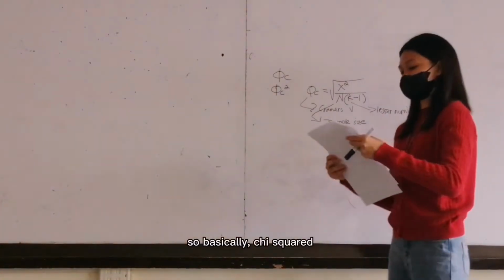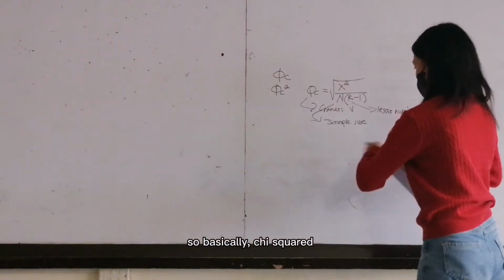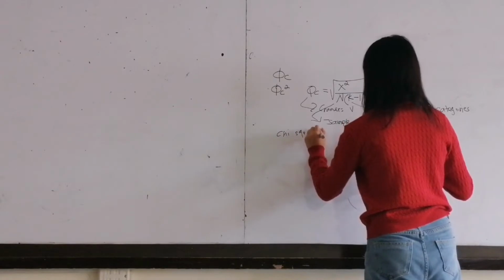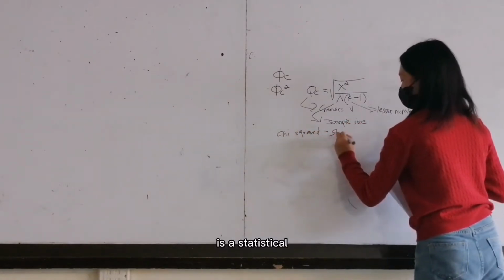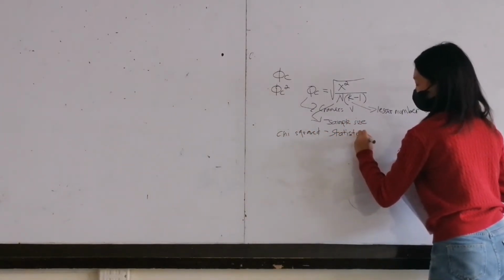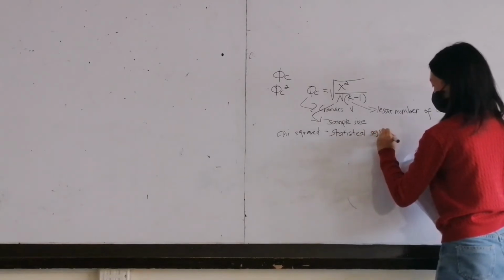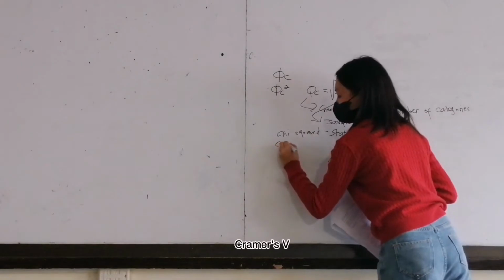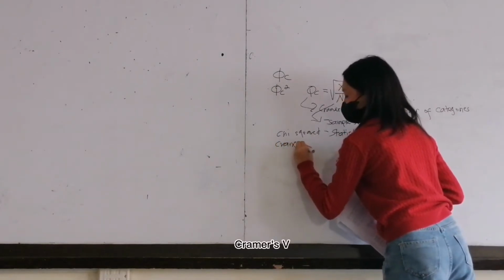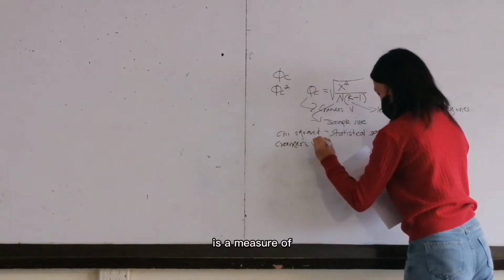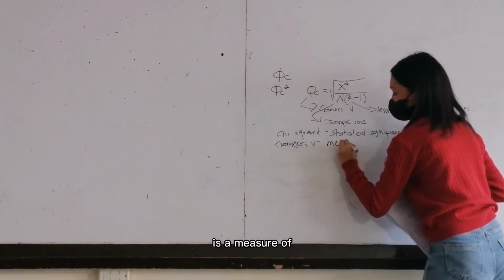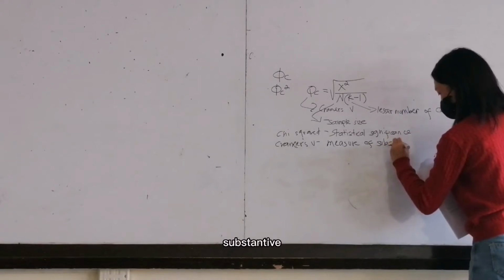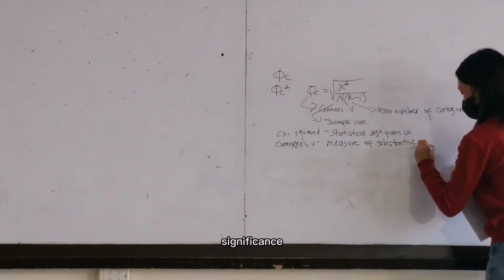So basically, chi-squared is a measure of statistical significance. Cramér's V is a measure of substantive significance.